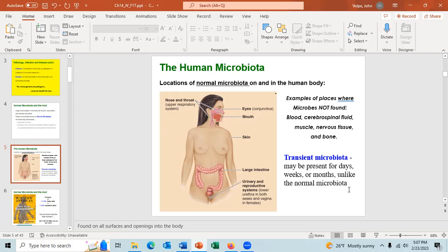Actually, about 20% of Americans do have Staphylococcus aureus on their skin. Most of the time, it's not causing problems, but, like I said, if you're a patient who frequently has skin boils, that might be because you have Staphylococcus aureus on your skin.